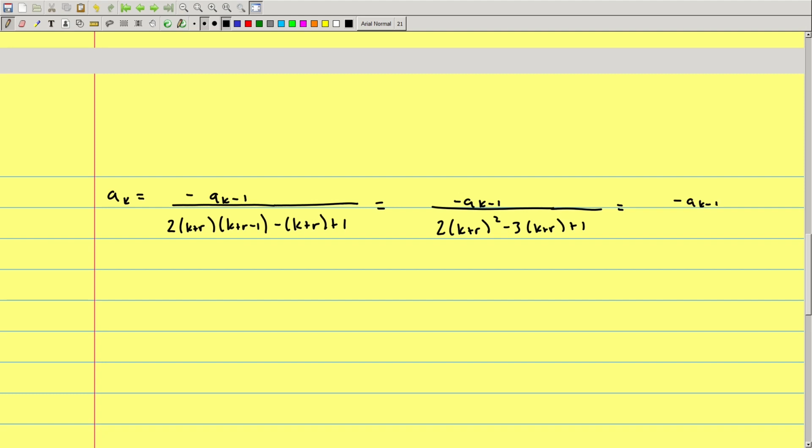And what's important about that is that this factors just like the other expression that we had previously.